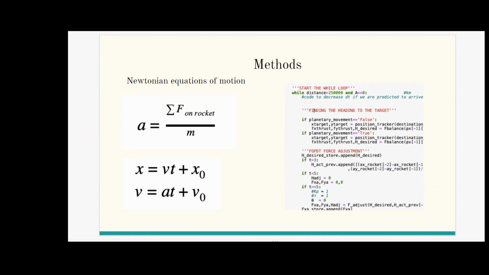Once we had summed up our forces using G times m over r squared, we were able to figure out the acceleration, then the velocity, and then the position. We did this for x and y independently, and then implemented it in a while loop.